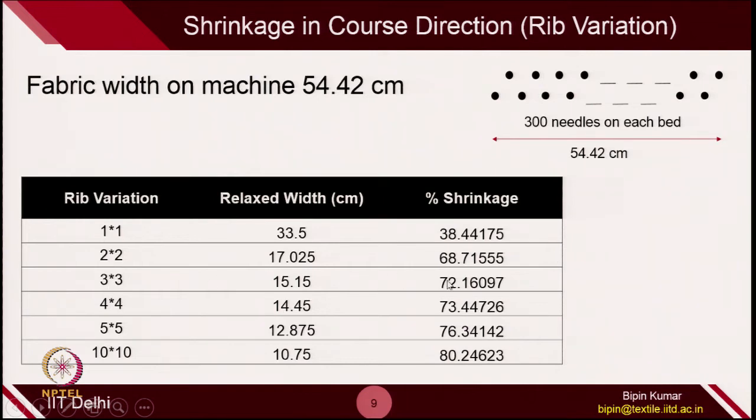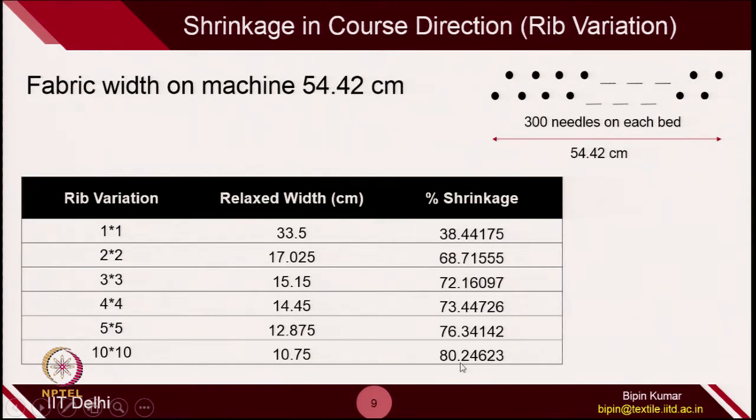Then in 3 cross 3, 72% shrinkage was observed, 4 cross 4, 73%, 5 cross 5, 76%, 10 cross 10, 80.2%. You can carefully observe this. If you change the fabric design, you will observe different amounts of shrinkage. So, you can have shrinkage from 38% to 80%.